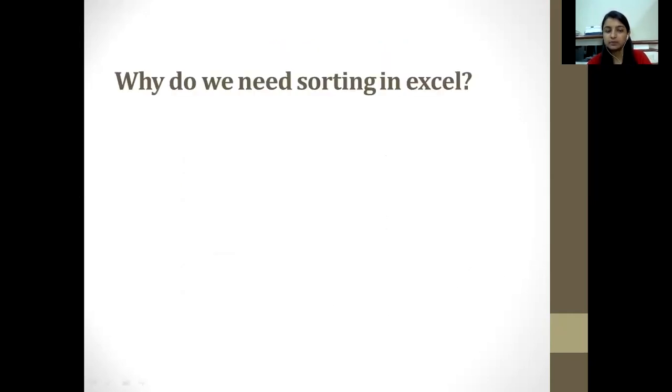Okay. So what do you think? Why do we need sorting in Excel? Yes, students, for the convenience we could say. Definitely, with this option we can easily make the data readable and convenient to read.